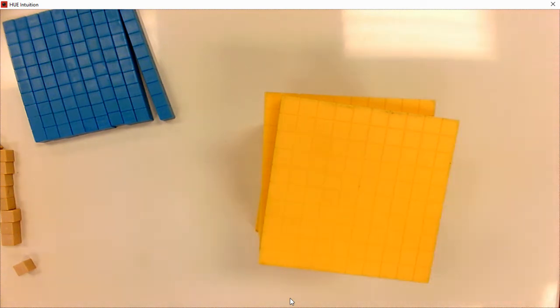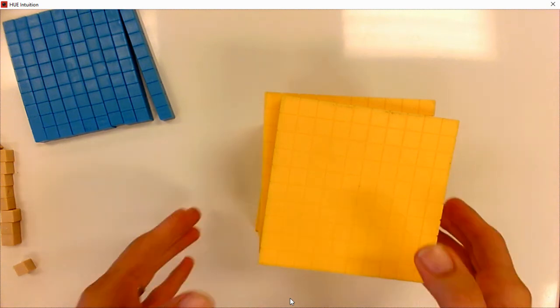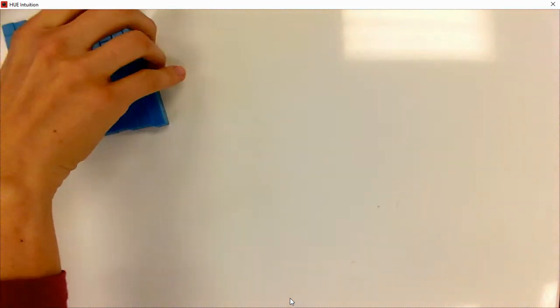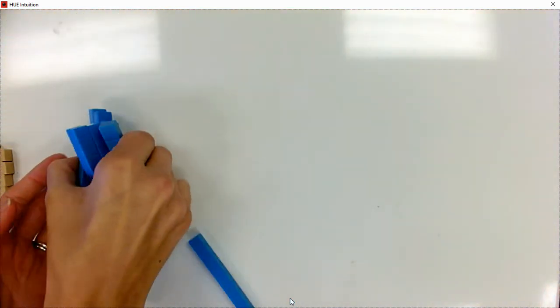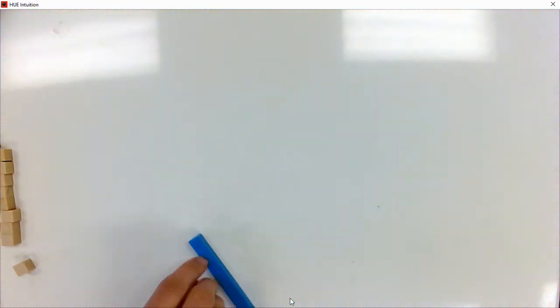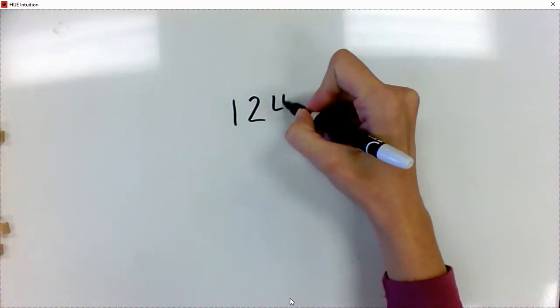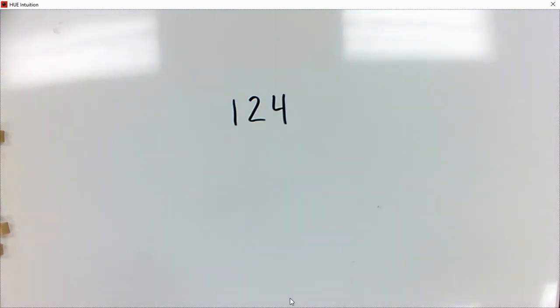We can use these base 10 blocks to make numbers. Let's try it. We'll start with an easy one. Let's use the blocks to make the number 124. In this number, I have 4 ones.